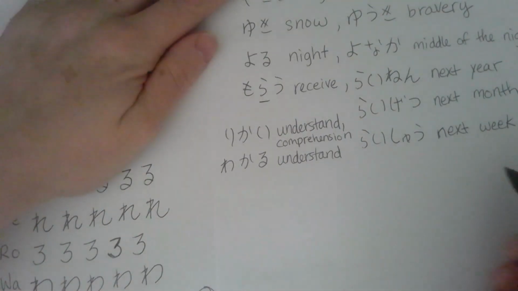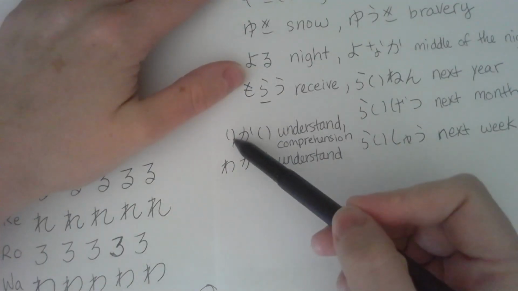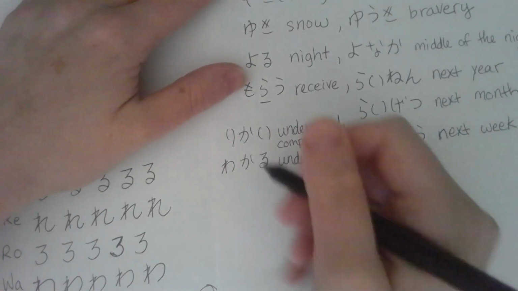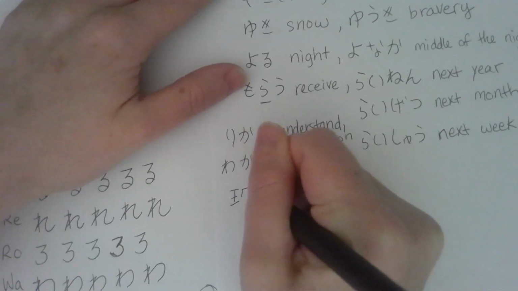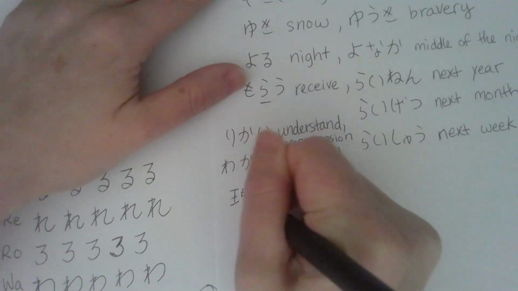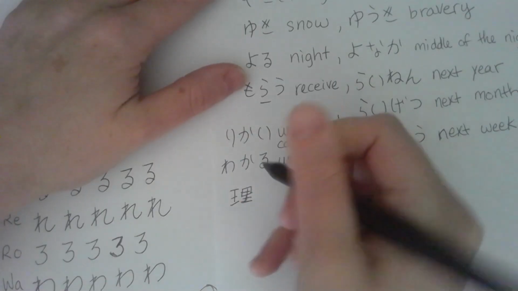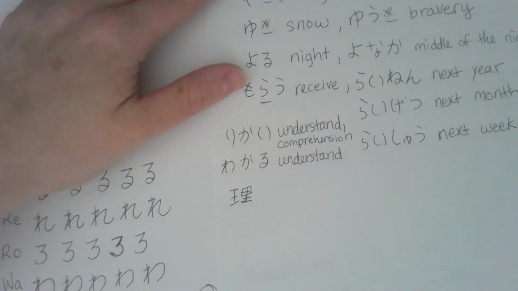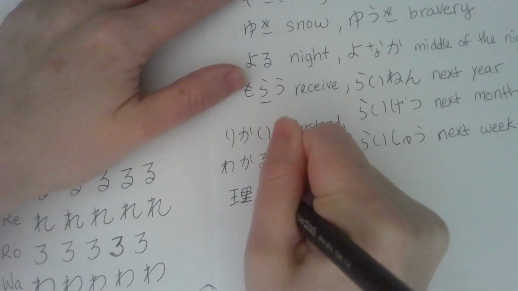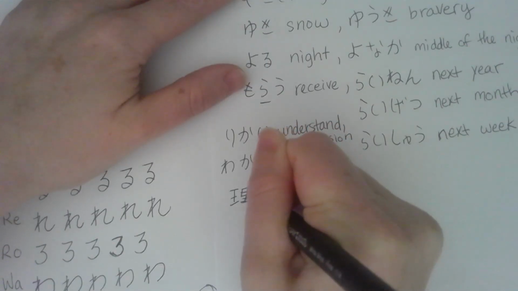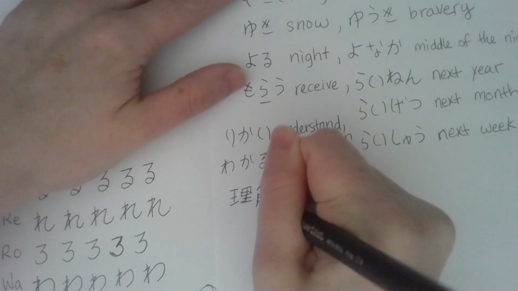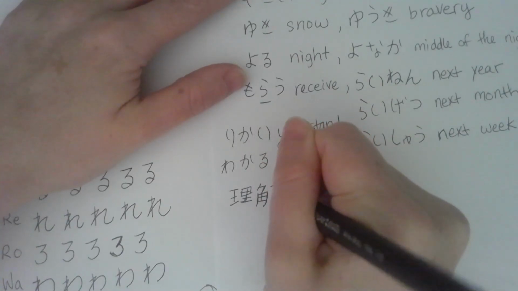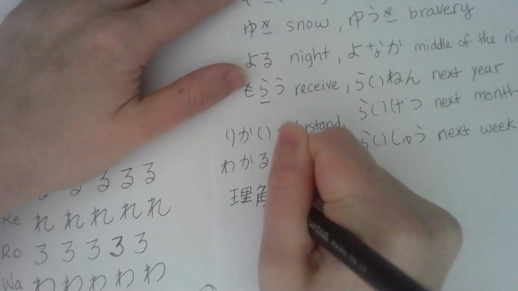Actually, another difference is rikai is just from kanji. So you have the kanji here for like principles, and then the kanji for like solving. I'm doing this so badly. Okay. Oh my gosh. Okay.